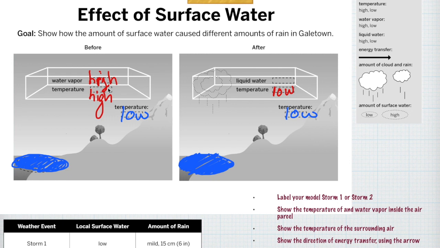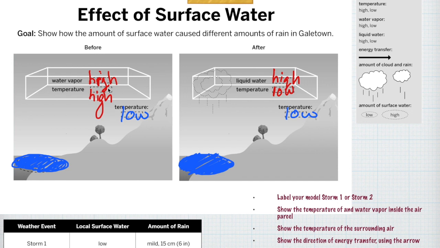Also, there's still going to be a high amount of liquid water, because there was a high amount of water vapor. Water vapor comes from the evaporation of the surface water. So if there's a high amount of water evaporation because there's high surface water, the liquid inside of the clouds is also going to be a high amount.